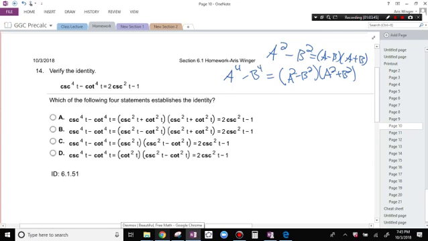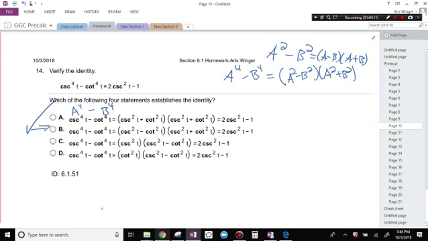So which one is that? It's a to the 4th minus b to the 4th, so it should be a squared minus b squared times a squared plus b squared. That looks okay. The other ones are terrible. Gotta be that one.